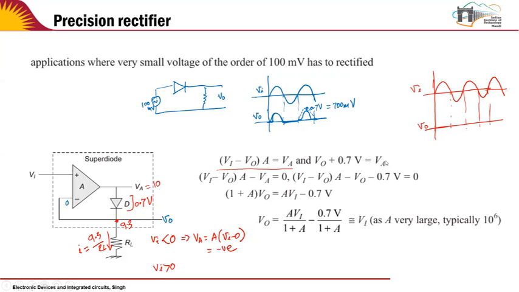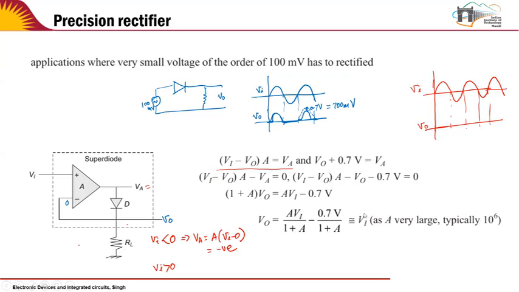So now let me just erase this. If I were to solve these two equations simultaneously for the positive side of the diode, then we said that Vi minus Vo, which is connected over here, times A is equal to Va. Rewriting this equation, I'm bringing Va to the other side, and Va is equal to Vo plus 0.7.